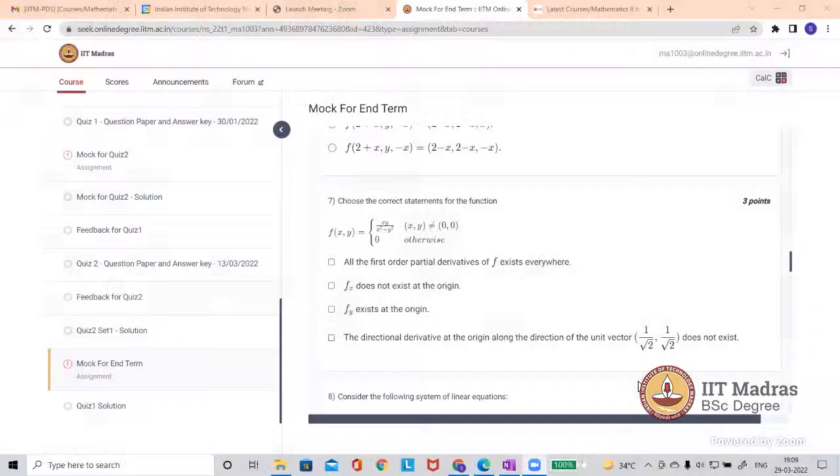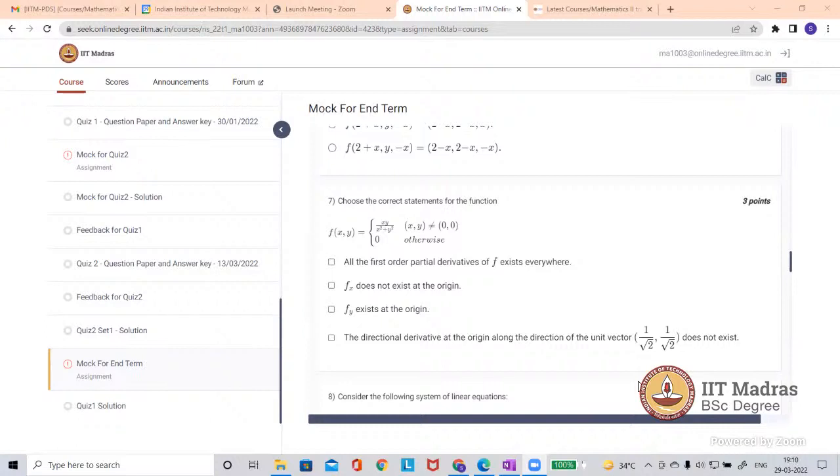I think I have to check the question again. Can you open this question? Okay, let me see that. Actually, yes, that is for first order only, and there are two variables, so only two partial derivatives, all the first order, not any order. That means only f suffix x and f suffix y.